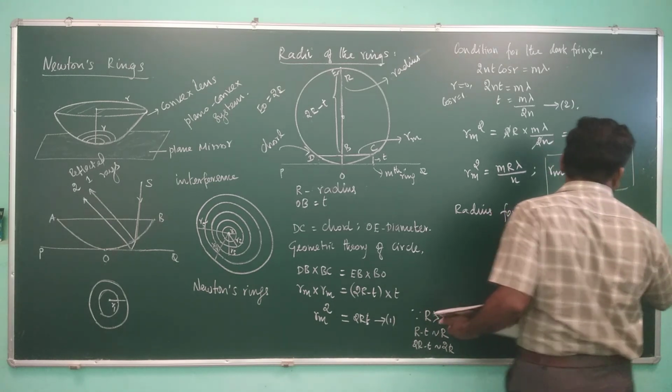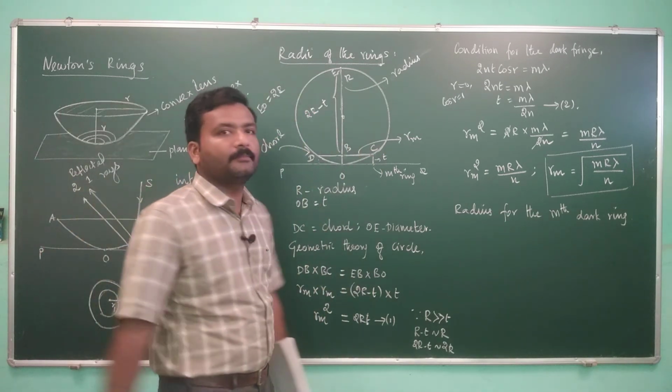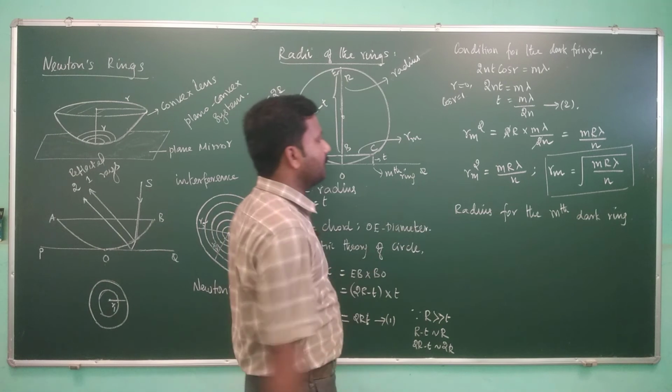ring. Okay. Now if you want the diameter of the mth dark ring, what you have to do? You have to multiply it by 2.